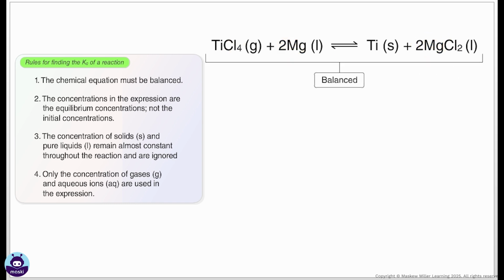The equation is balanced. Here, the only gaseous species is TiCl4. The others are solids or liquids. Therefore, we only use the concentration of TiCl4 in the expression for Kc. Kc equals 1 over [TiCl4]. This reaction is used in the production of titanium metal, used in aircrafts.